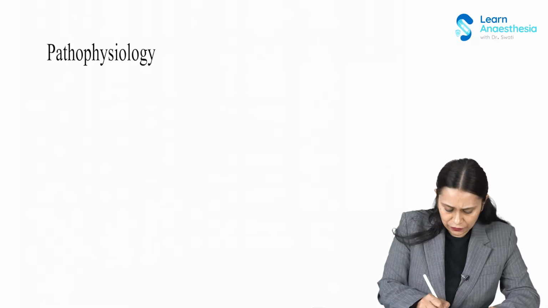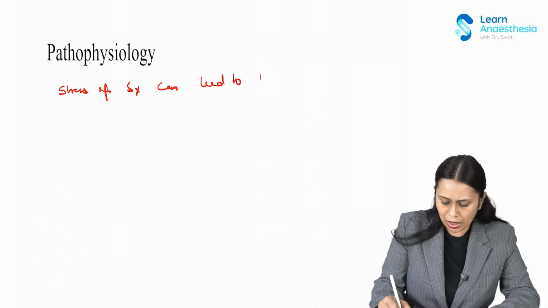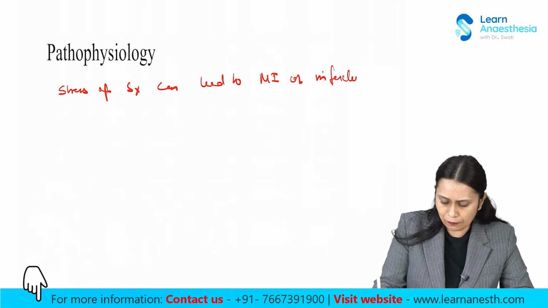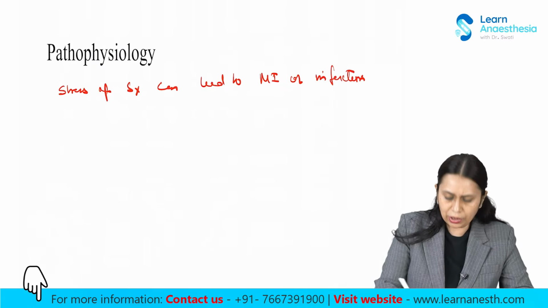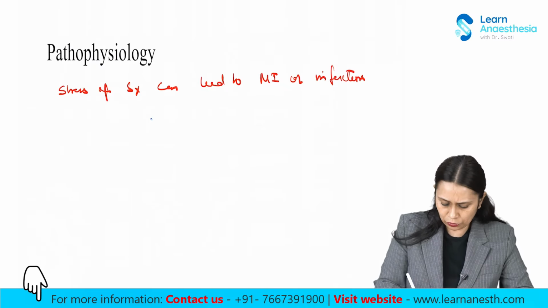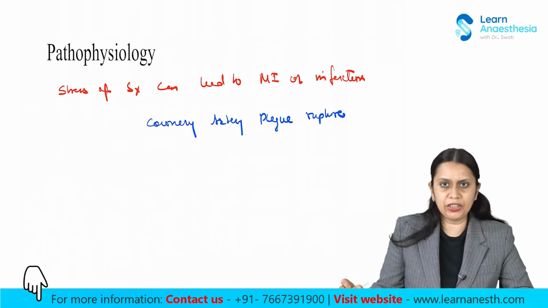So what is the pathophysiology? Now, the stress of surgery can lead to myocardial ischemia or infarction via multiple mechanisms. What are the main mechanisms? Coronary artery plaque rupture, or it could be myocardial demand ischemia.